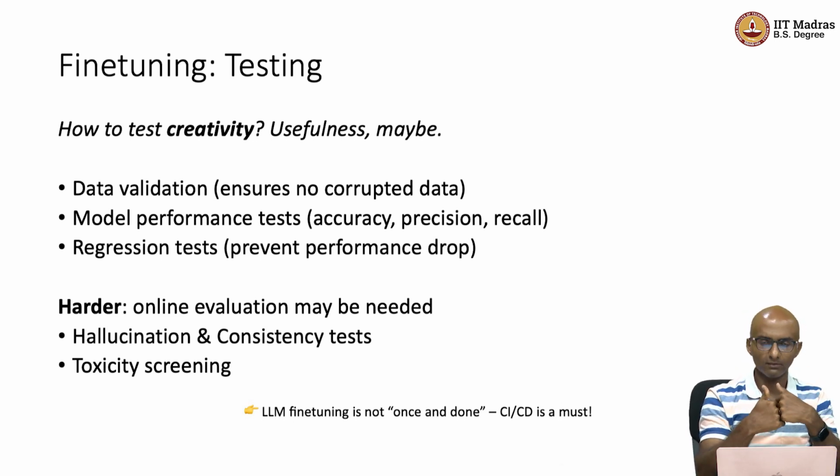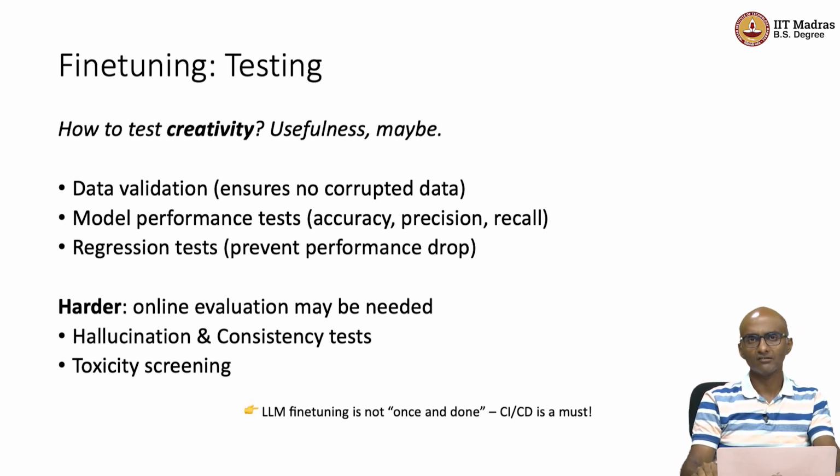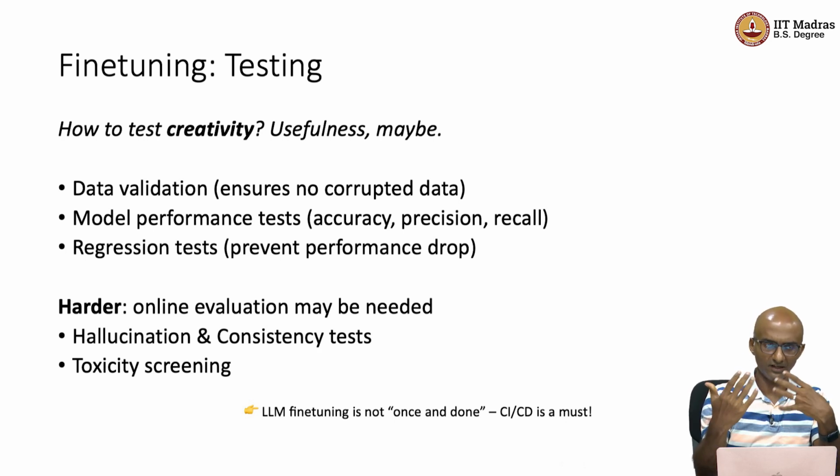So it's up to us as developers of fine-tuned models, not only to test it in CI stages, but also to test it in production in an online manner. As and when the responses are being given out, you'll need to have an appropriate screening check for hallucinations, for toxicity, etc. We'll talk about how the architecture can be set up in the next week's lectures.